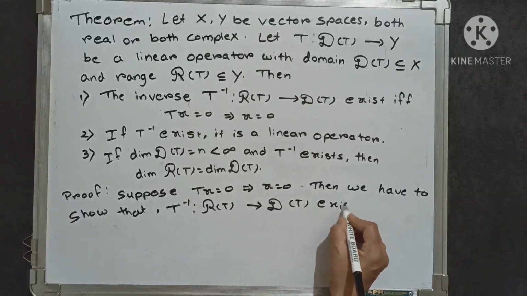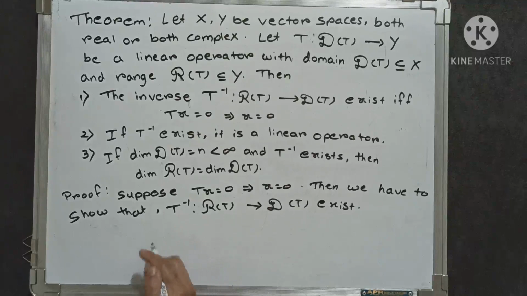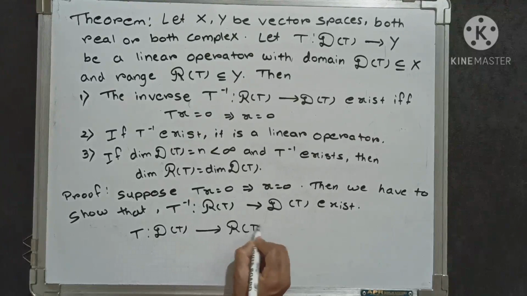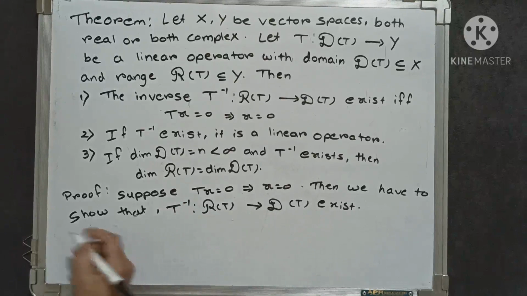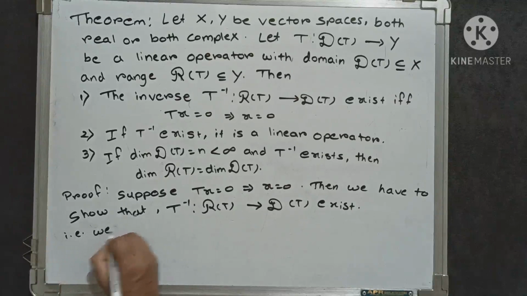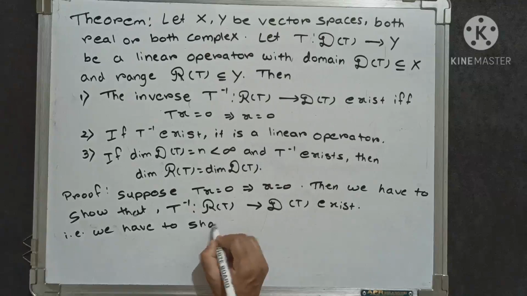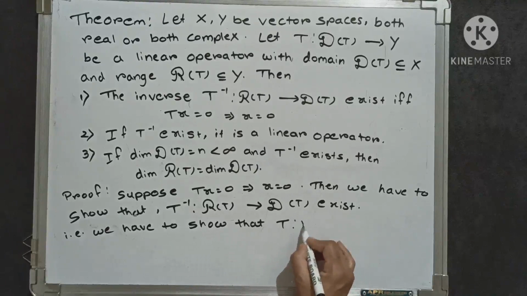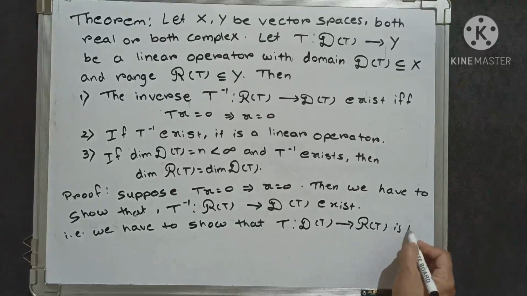Now to show that the inverse exists, we know that the inverse exists if and only if the given mapping from script D of T to script R of T is both one-one and onto. If the linear operator is both one-one and onto, then its inverse exists. So we have to show that the mapping T from script D of T to script R of T is one-one.